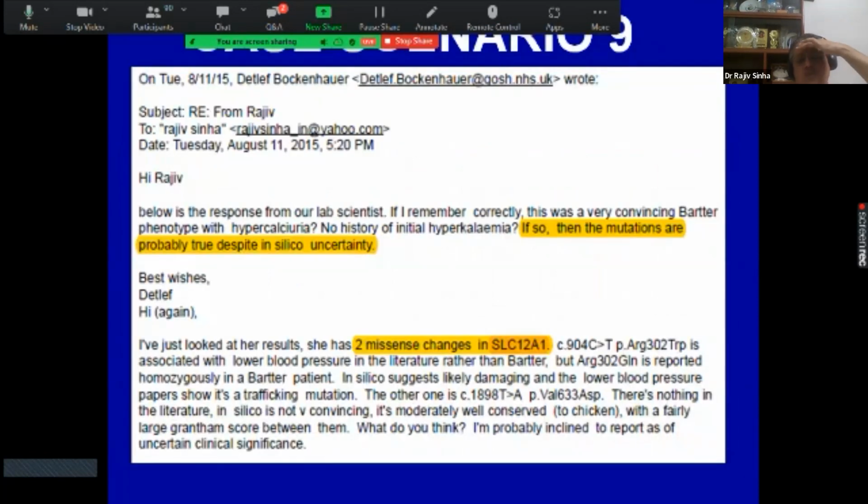What your mind doesn't know, your eye doesn't see. I have to admit that that was in 2013-14. I specifically did not have much idea that Bartter can present as NDI. So I contacted my guru, Dr. Detlef Bockenhauer, and he did a genetic mutation analysis, and it turned out to be Bartter.